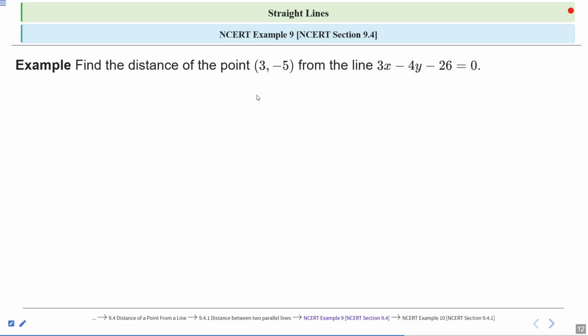Okay, so basically we have given here a point 3 comma minus 5, and the equation of the line 3x minus 4y minus 26 is equal to 0, and then we have to find the distance of the point from the line. So students, first of all, think about this for a moment. How would you approach this example? So you have 30 seconds to try to solve this question, and then we will provide the solution.